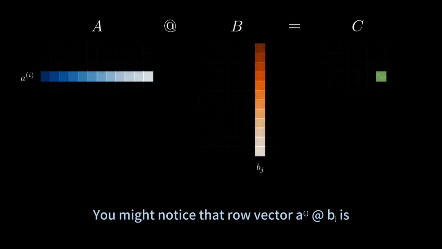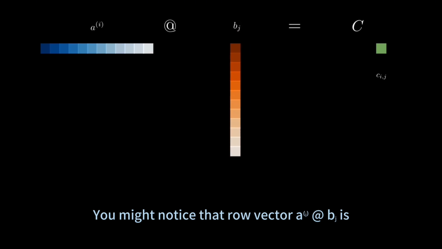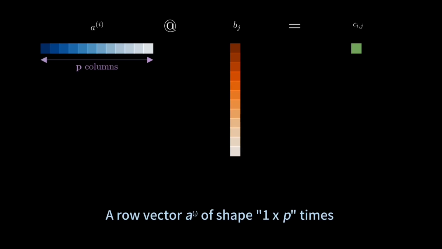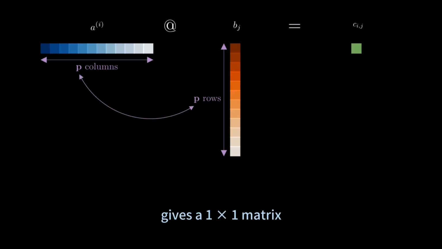You might notice that row vector A at or times column vector B is itself some kind of matrix multiplication. A row vector A of shape 1 times P times a column vector B of shape P times 1 gives a 1 times 1 matrix.